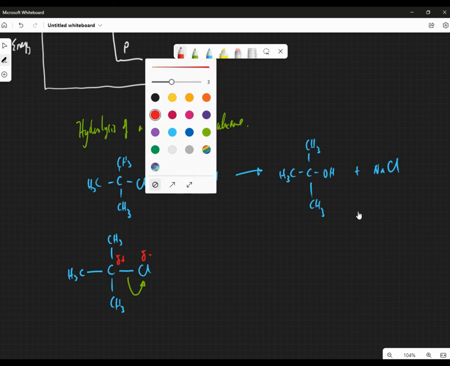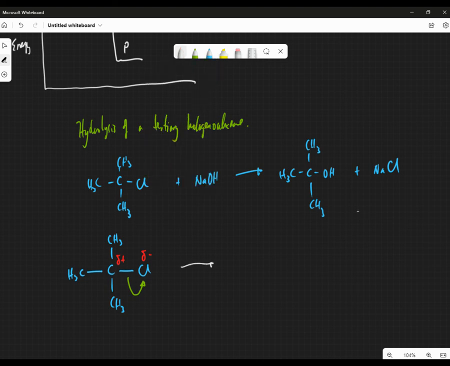All right, and now it gives me the carbocation, which is CH3, CH3, CH3, and let me do my charges in red. It's going to be plus, and what's fallen off? The Cl minus has fallen off, with its electrons.